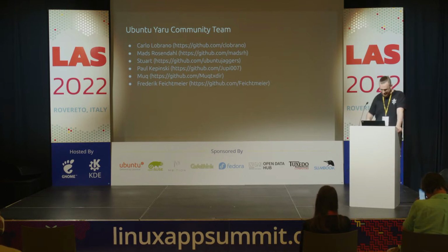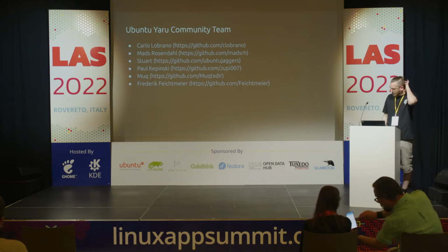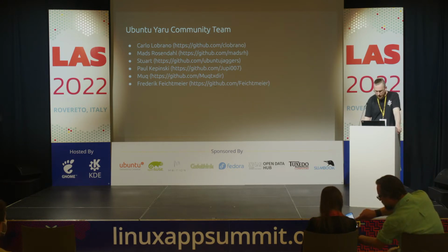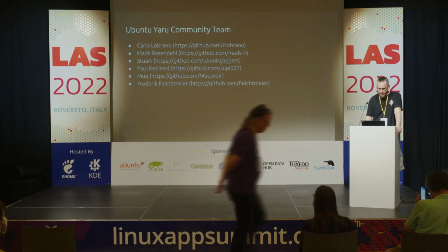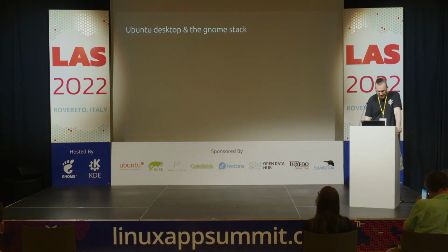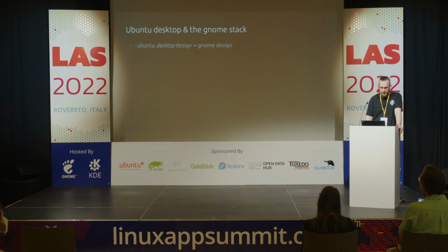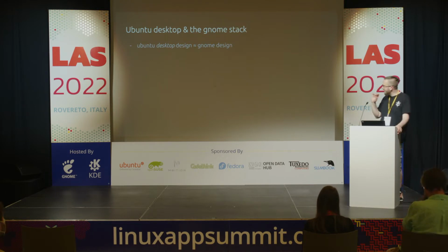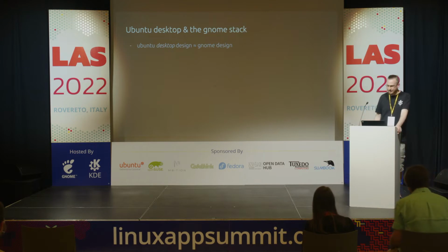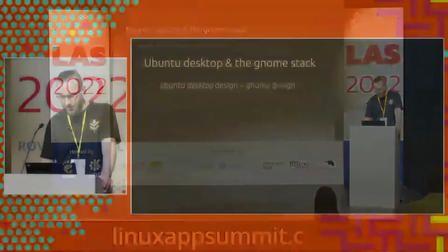And today I wanted to show you how we got the classic Ubuntu visuals into Flutter applications on the Ubuntu desktop. If you look at the Ubuntu desktop, that basically means Ubuntu desktop design is GNOME design, like 95% of it currently in usage.